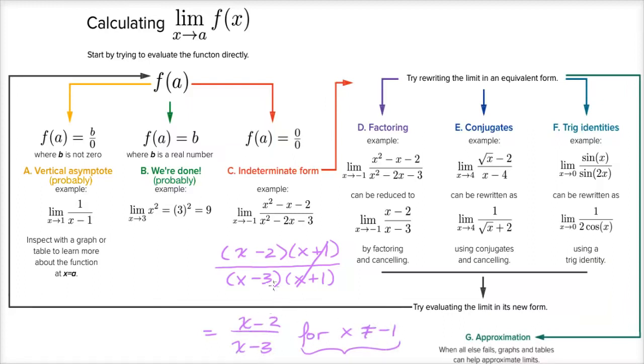This entire expression is the same as this one because this entire expression is still not defined at x equals -1, although you can substitute x equals -1 here and now get a value. So if you substitute x equals -1 here, even if we're formally taking it away to be mathematically equivalent, this would be -1 minus 2, which would be -3, over -1 minus 3, which would be -4, which is equal to 3/4.